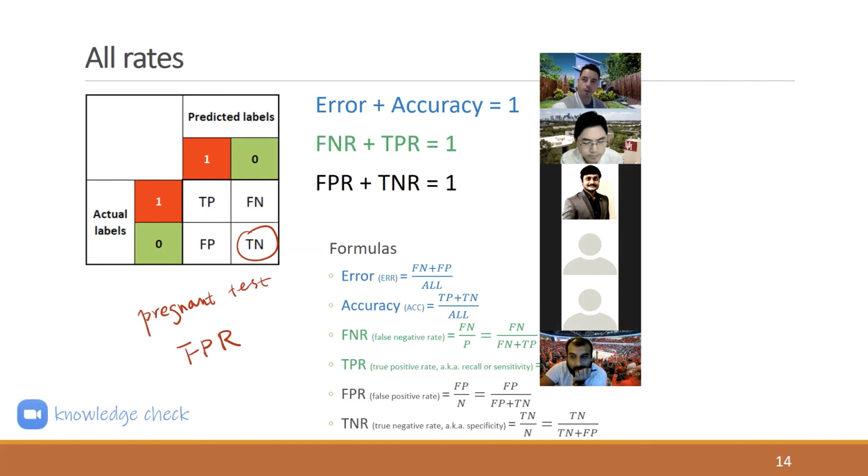False positive is basically detecting the pregnancy even though a woman is not pregnant. And the false positive rate is telling you the rate of false positives in the no scenario, basically in the scenario where the woman is not pregnant. Right. Across all the tests where the woman is not pregnant, what's the percentage of the false positive error?